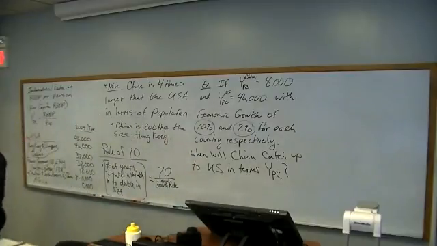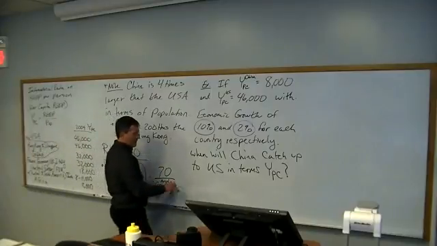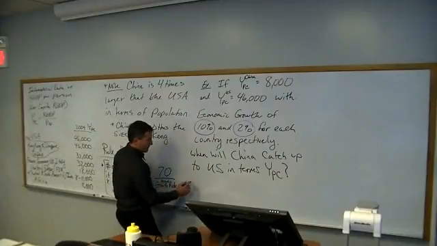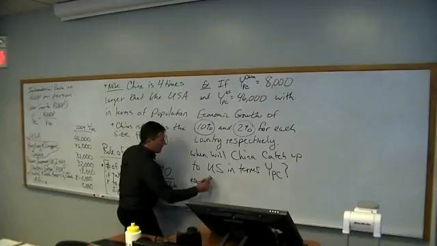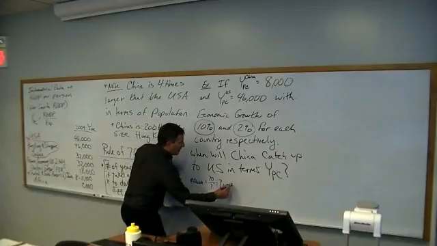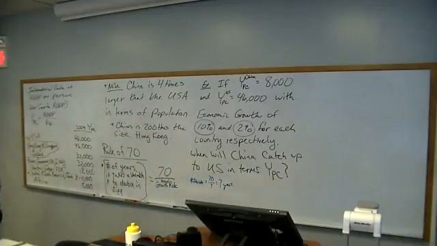Anybody got the answer to that off the top of your head? 7 years. 70 divided by 7 is how that works, right? So I'll just leave that first step to you here. So number of years to double is equal to 70 divided by 7 equals 7 years for China to double from 8 to 16.